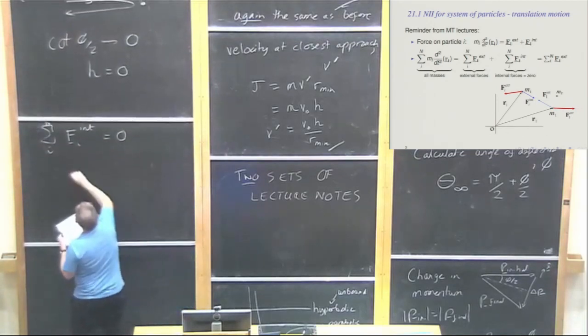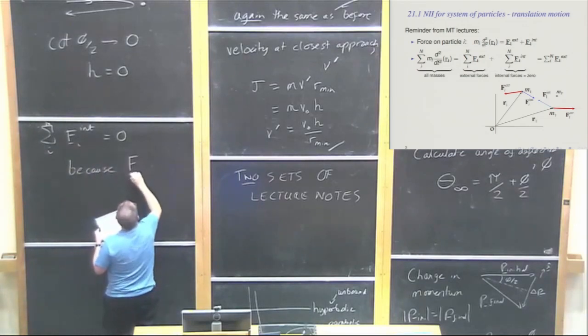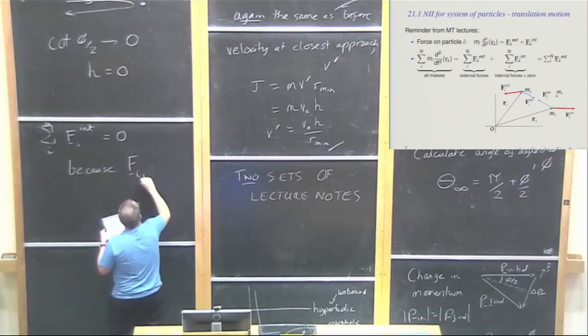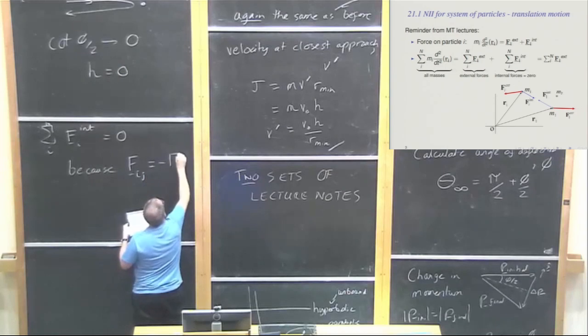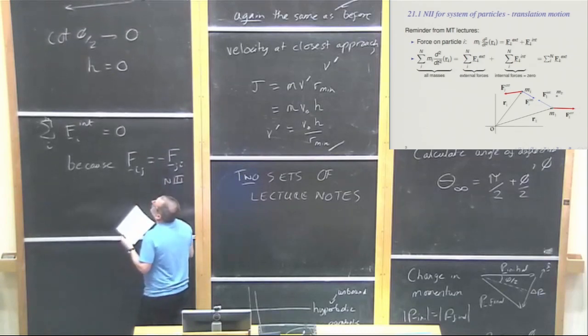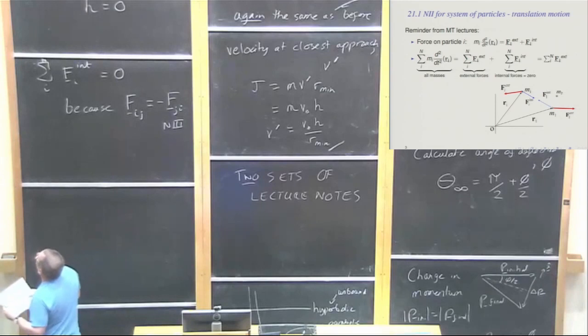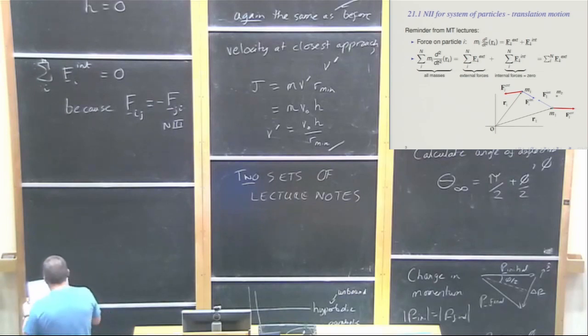Because if I'm considering the force between object i and j, that's going to be equal and opposite to the force between j and i. This is from Newton's third law. Because of the equal and opposite nature of the forces between the objects, the internal contribution vanishes, and we're just left with this sum being equal to the sum over the external forces.